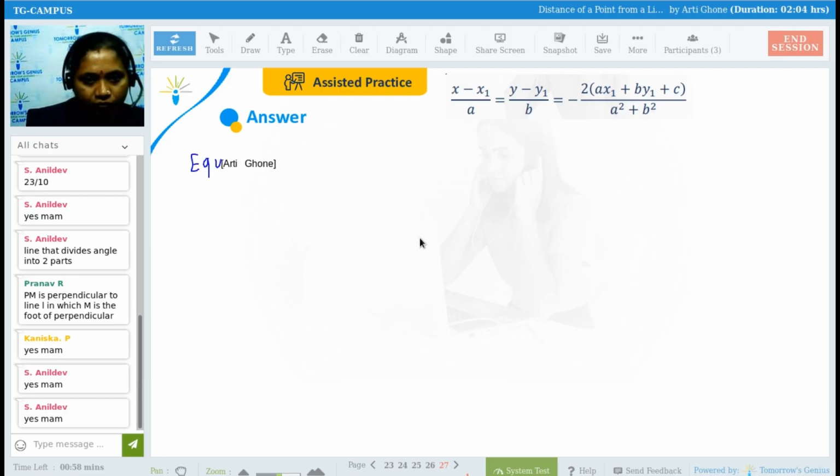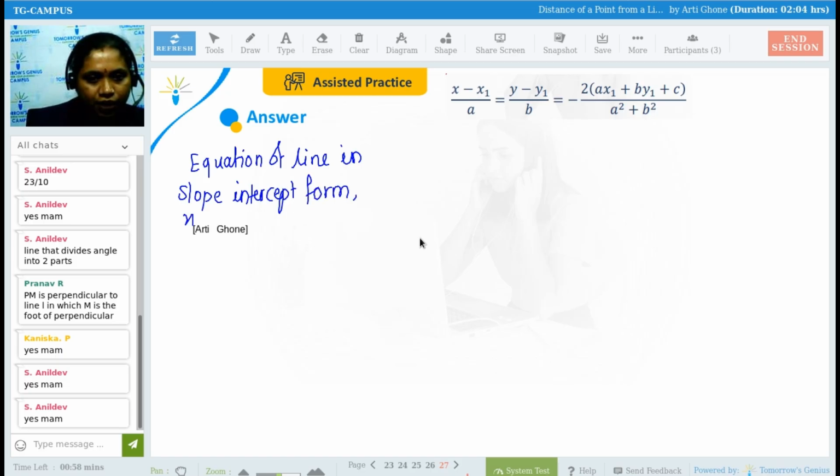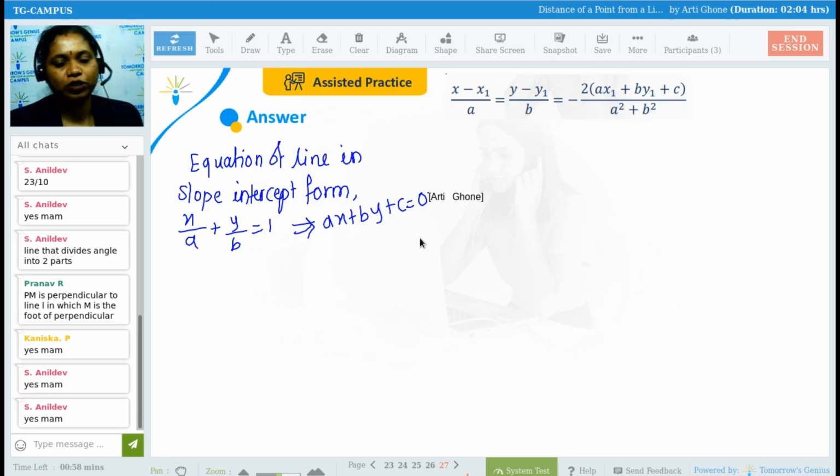Equation of line in intercept form is x by a plus y by b is equal to 1, and you need to convert it to ax plus by plus c is equal to 0. Clear? Do this one and tell me the equation of the line first.